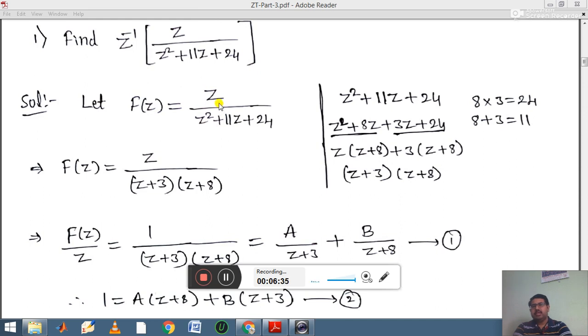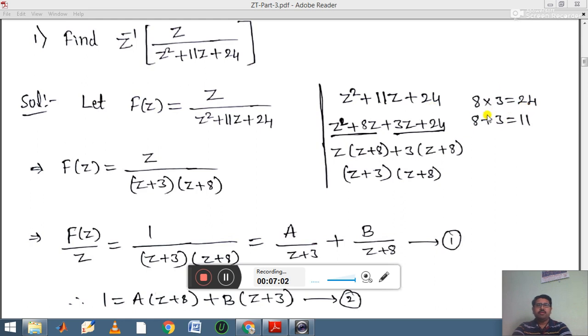So here the numerator term is z and the denominator term is z square plus 11z plus 24. It is a quadratic equation. You find the factors of this quadratic equation. Let us find the factors of z square plus 11z plus 24. Here, if you multiply 8 into 3 you get 24, and if you add 8 plus 3 you get 11.